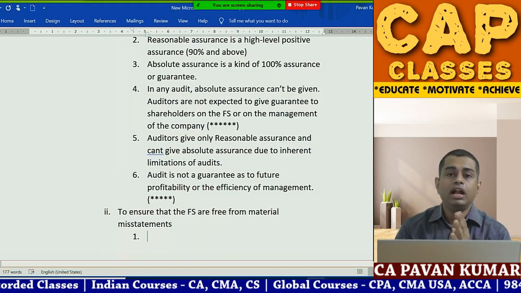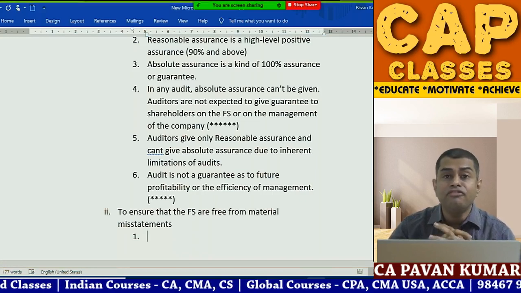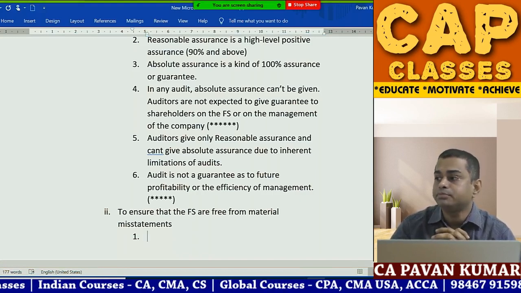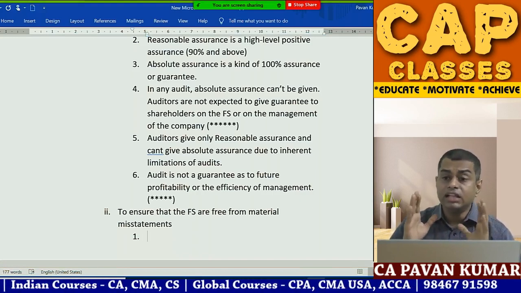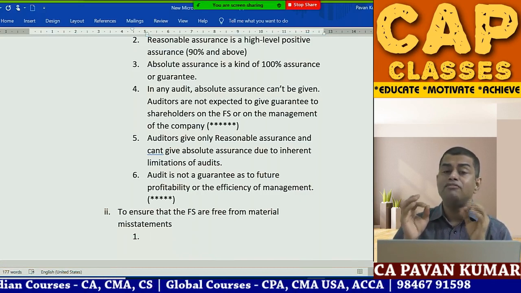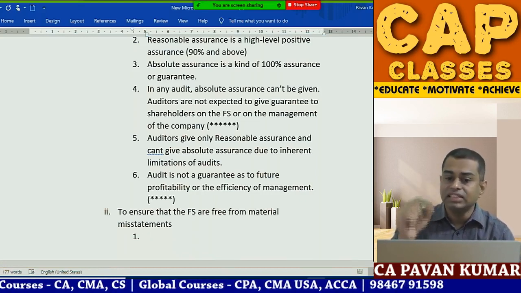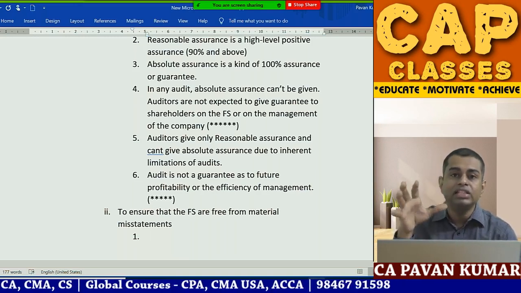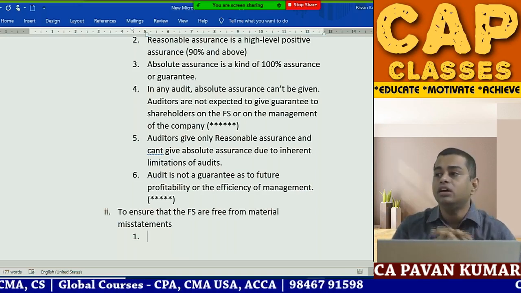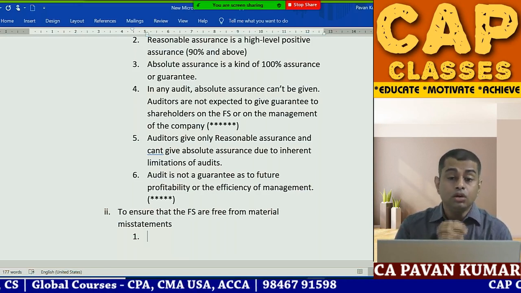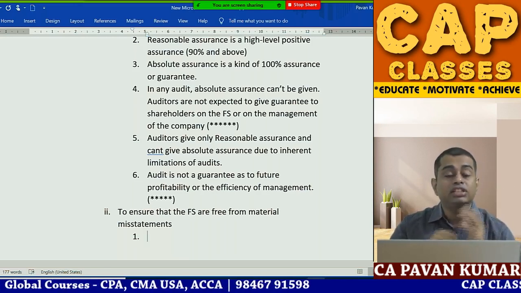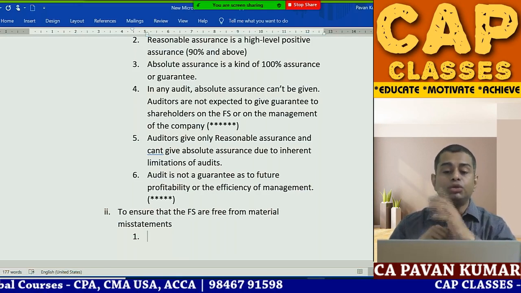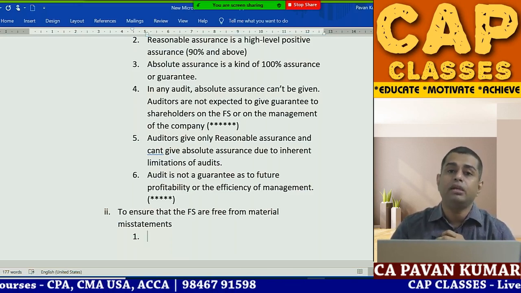To write answers for MCQ questions, you need to have a lot of conceptual clarity. That is the reason I am giving you this small note points so that you remember this when MCQ question is asked, you can write it properly. So, what is the second point, objective of the auditor? To ensure that financial statements are free from material misstatement.